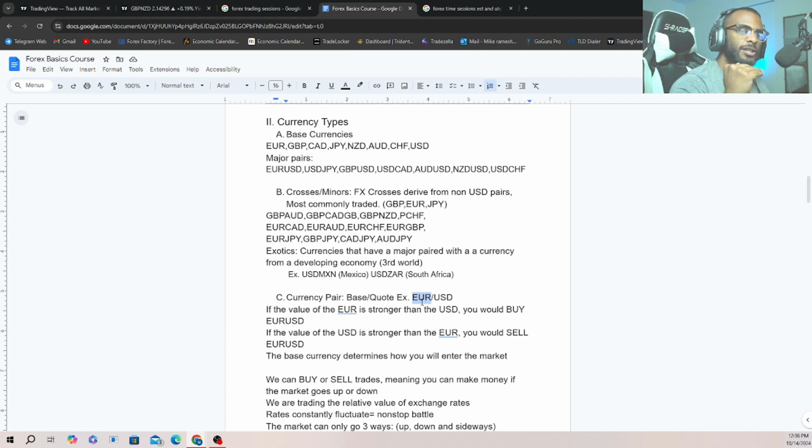The base currency means that when you place an order in the market, you're going to place it based off of what you believe the base will do. So let me break that down because I know it can be a little confusing. It's actually very simple. So we have a base currency against a quote.